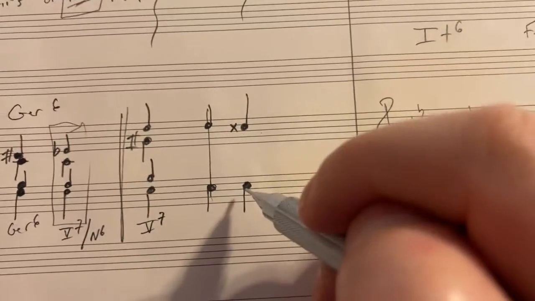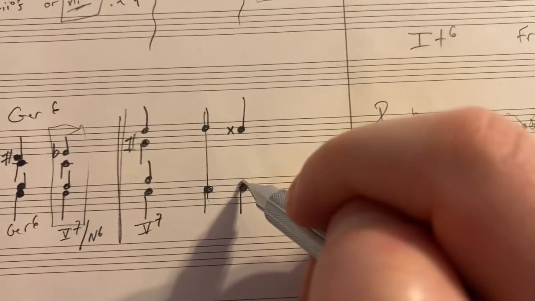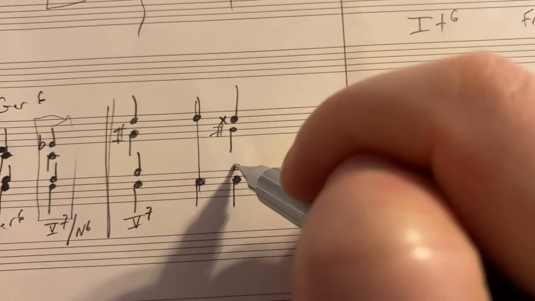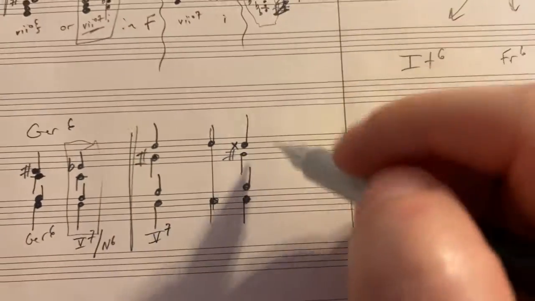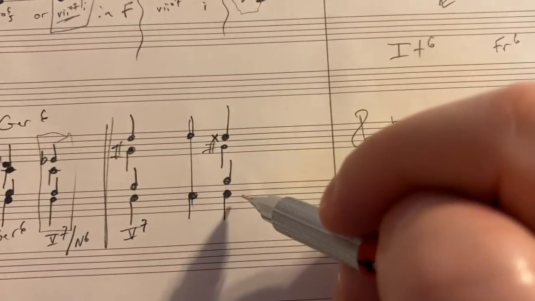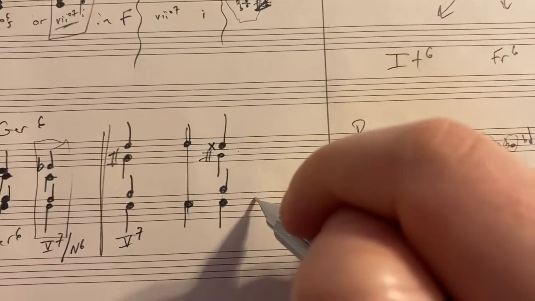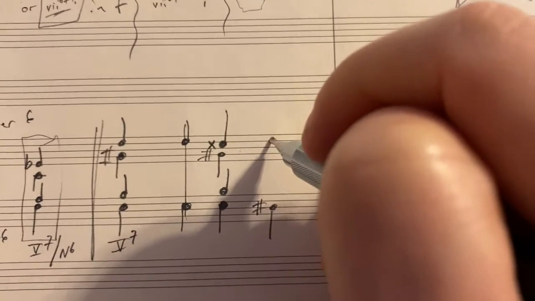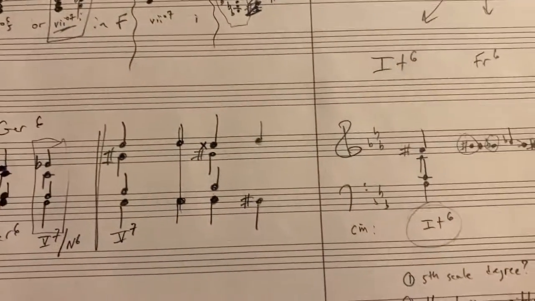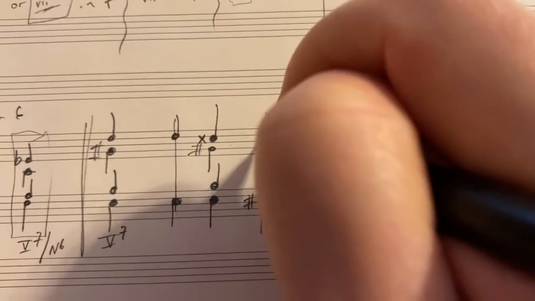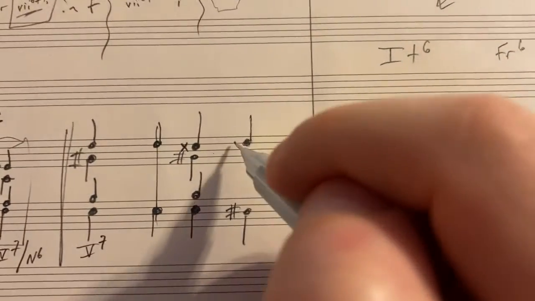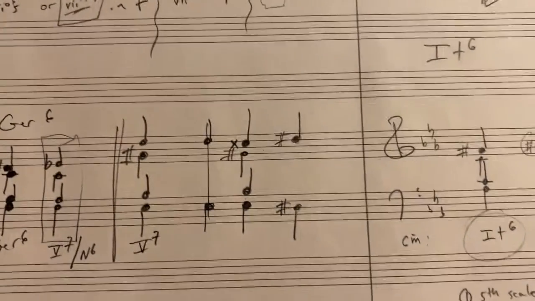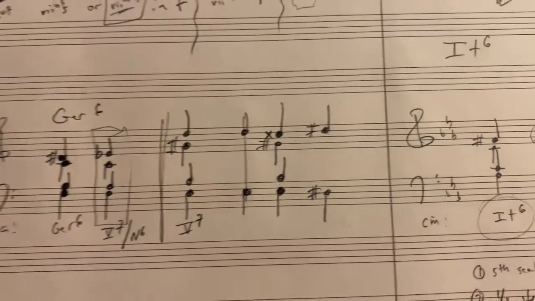Okay. And then we'd have a G sharp still, and a B. And this would be an augmented 6th in, if we play it out and we have both parts of the augmented 6th interval moving in opposite directions, they'd be going to a D sharp, which means this would be in the key of G sharp. Okay?